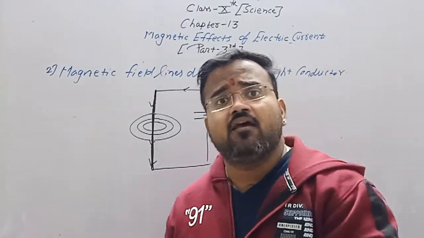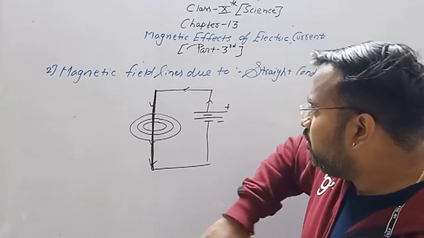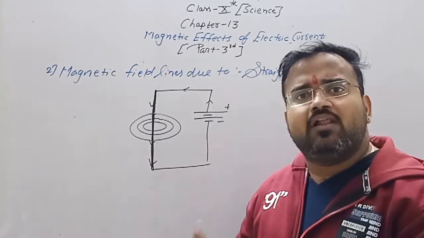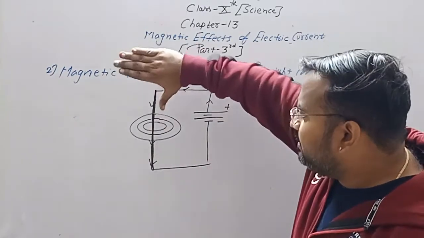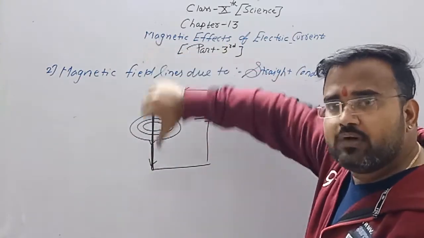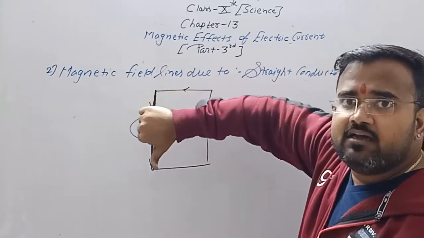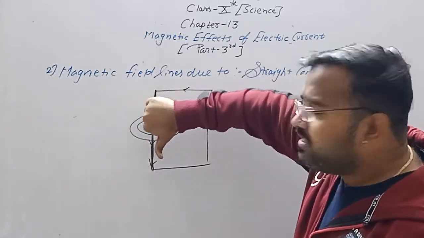Now the question is, in which direction do the magnetic field lines occur? So we'll use Maxwell's right hand thumb rule, where the direction of current is downward. So our thumb should be in the downward direction and our fingers encircle the conductor.